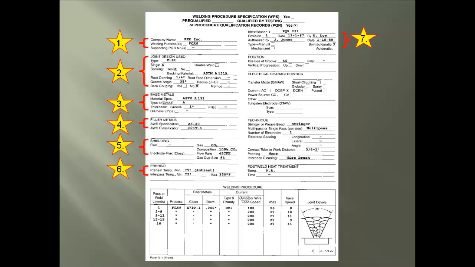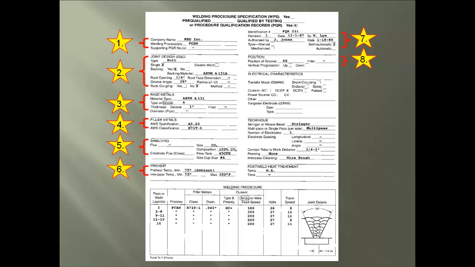Star number 7, located on the right side of the form, deals with the PQR identification number. Any revision number to this PQR, the date, by whom this form was filled out, whom authorized this PQR to be produced and when, then what type of operator or machine operation is used during the welding, whether that's manual, semi-automatic, etc. Star number 8 covers the welding position and progression of the welded joint.